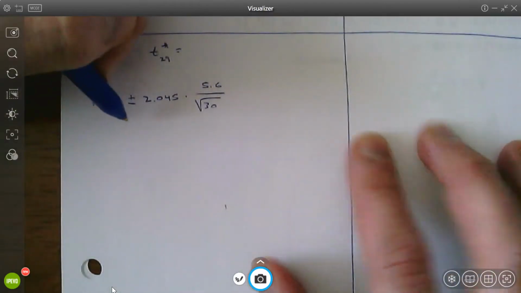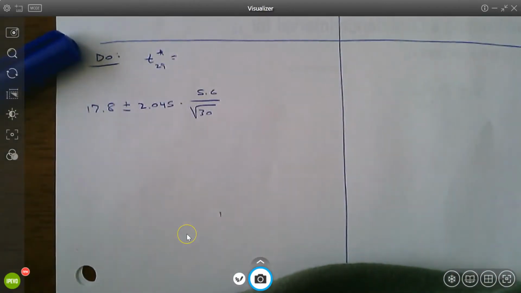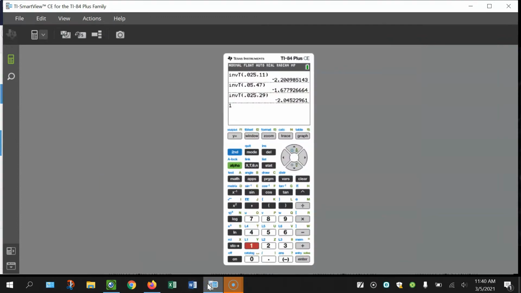So now I'm going to substitute this into my calculator to get my confidence interval. So 17.8 minus 2.045 times 5.6 divided by the square root of 30.